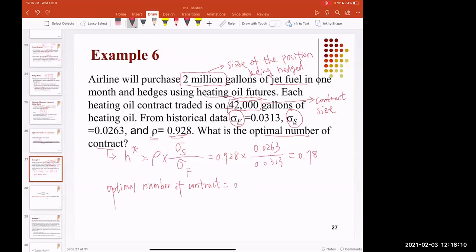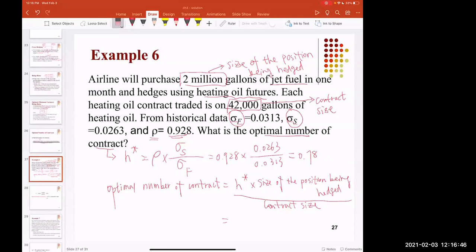So the optimal number of contracts is calculated by the optimal hedge ratio times the size of the position being hedged over contract size per contract.